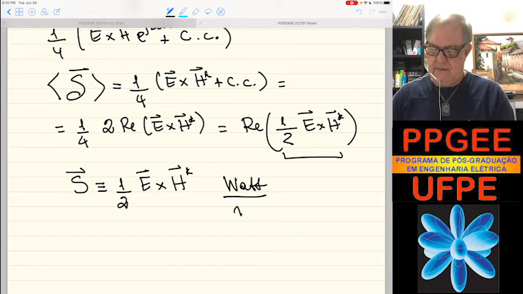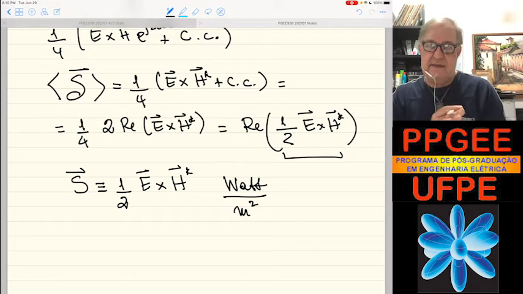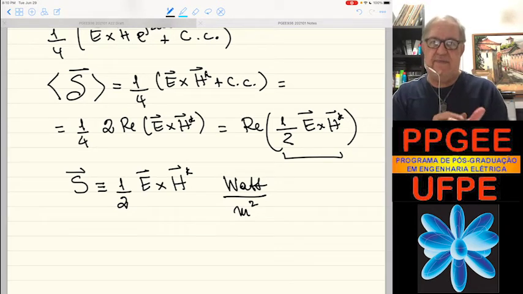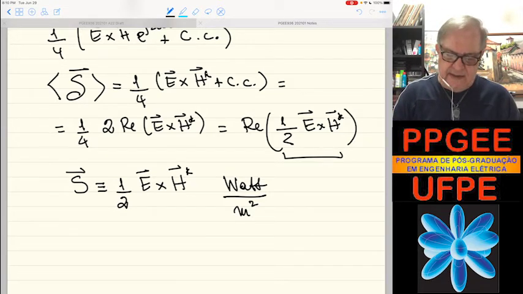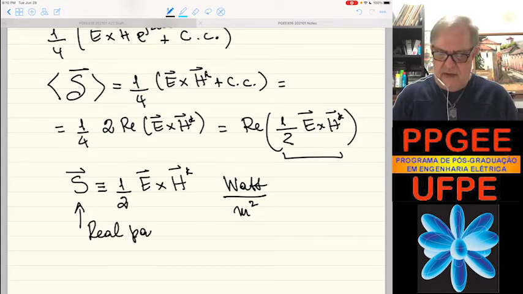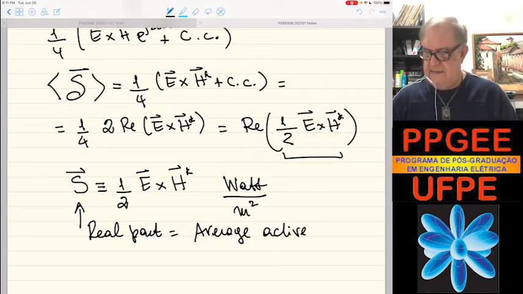So this is a complex vector, and the real part gives the average of the Poynting vector in the time domain. Right? So the real part equals the average active power density.